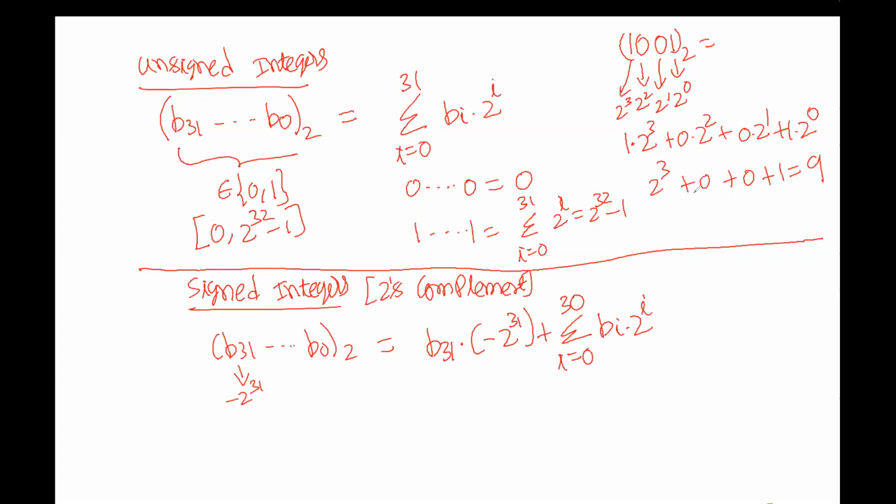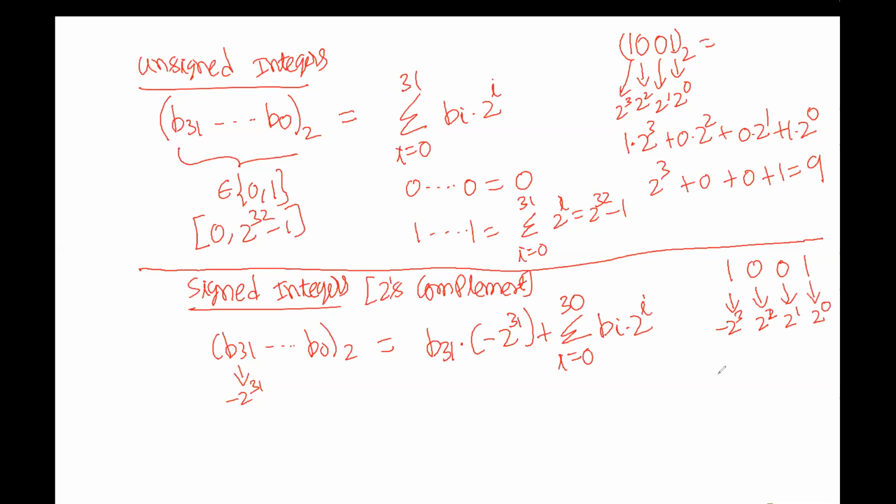So if you look at an example, if you see 1001, the value associated with the first bit 1 is minus 2 cube, then 2 square, 2 power 1, 2 power 0.